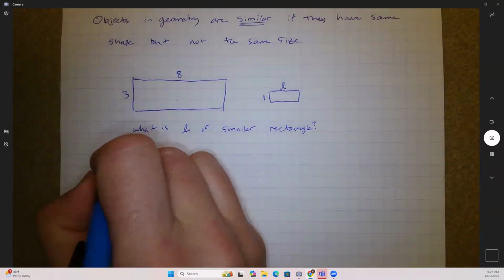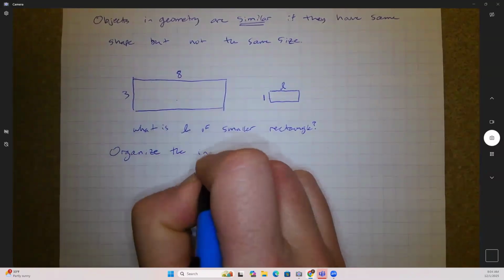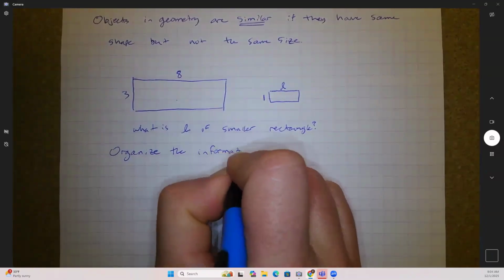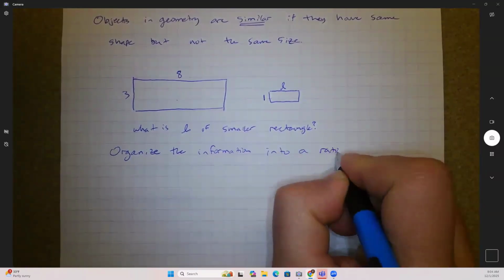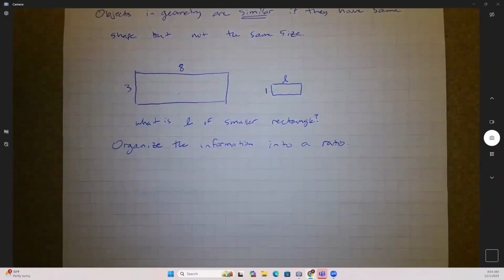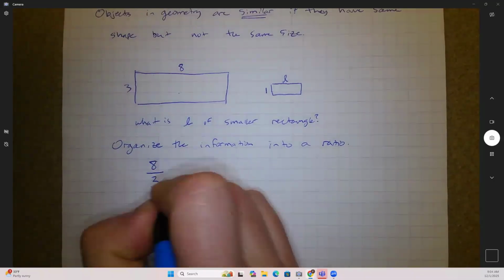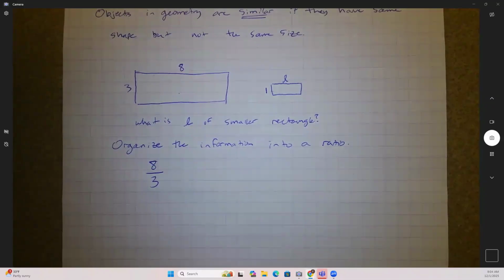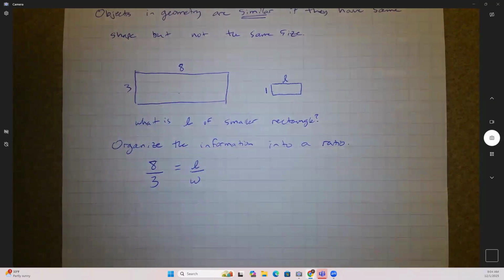I can organize the information into a ratio. If I have 8 over 3 is the ratio of length to width of any rectangle of that shape, regardless of how big it is.